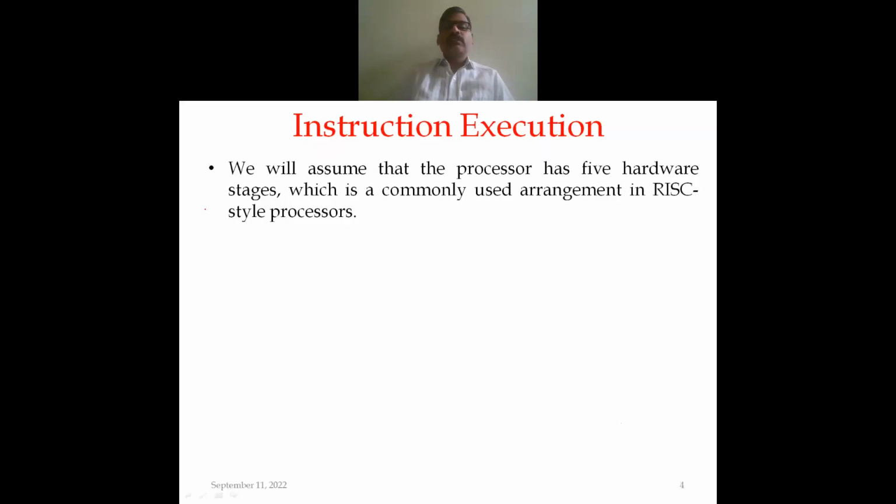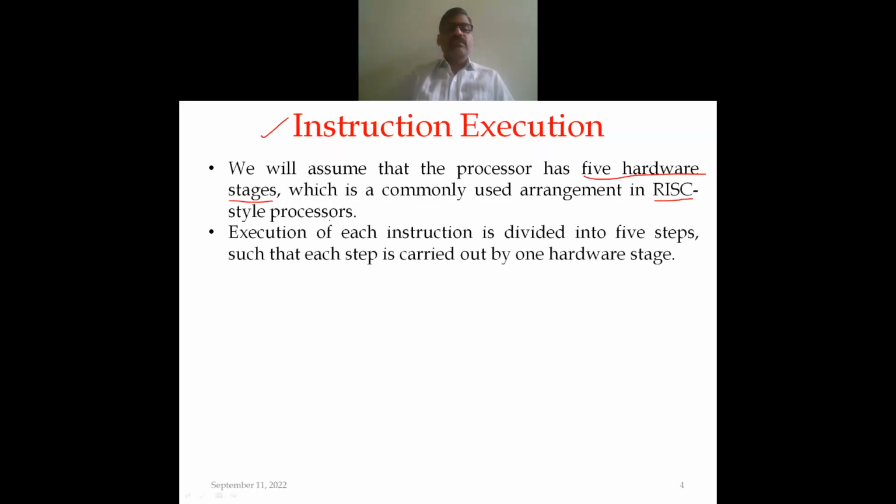Now we will assume that the processor has 5 hardware stages, which is a commonly used arrangement in RISC style processors. Execution of each instruction is divided into 5 steps such that each step is carried out by one hardware stage.